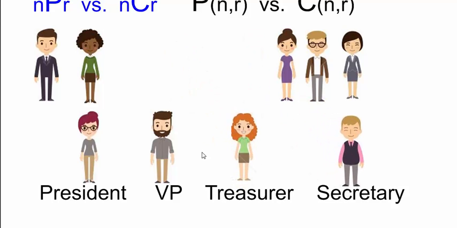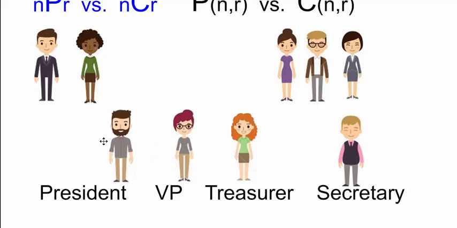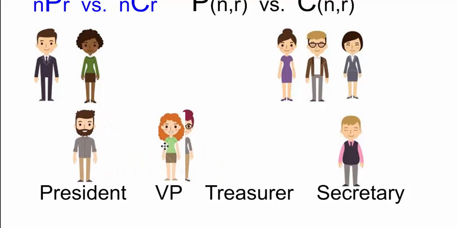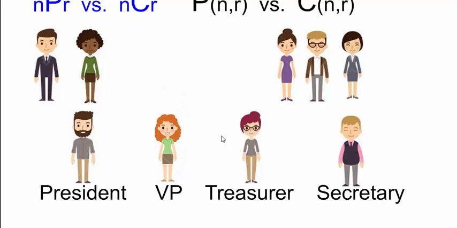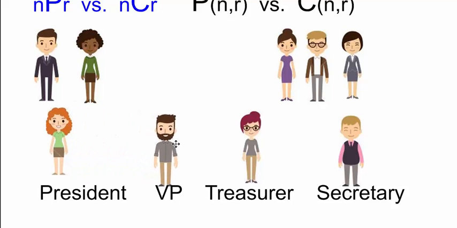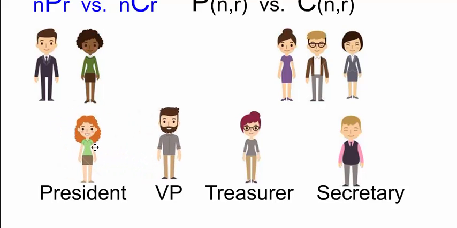Hopefully you can clearly see that this setup, having chosen this lady first, this gentleman second, her third, and him fourth, is quite different than if I had done something like this. In this case, because the order that we're chosen matters, this gentleman is chosen for this position if he's chosen first, she's chosen in this position second, and so on. Again, quite different than if we even just made this one little switch.